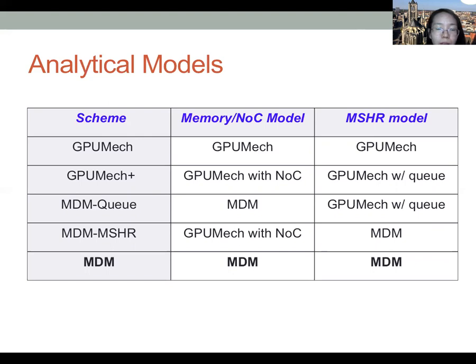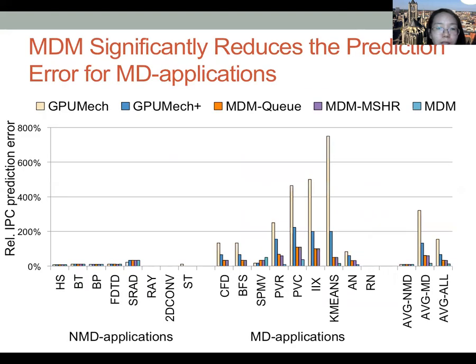The MDM model is the final model, which includes both the memory contention model and the batching model. This figure shows the IPC prediction error for non-memory divergent applications and memory divergent applications under different performance models. MDM significantly reduces the prediction error for the memory divergent applications by 16.5x compared to GPU-Mech. Across all benchmarks, MDM reduces the prediction error to 13.9% on average.